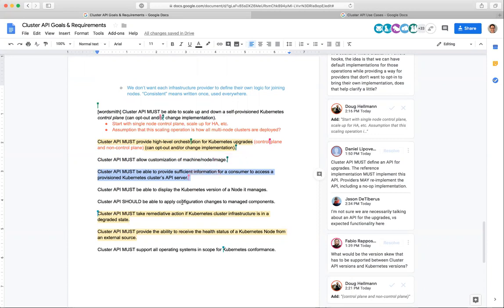Thinking here is if cluster API provisions a cluster, presumably the person who asked for said cluster will need a kubeconfig or similar mechanism to talk to the new cluster. And again, nothing here is implementation details, so how it provides that information and what it looks like is left to further discussion.